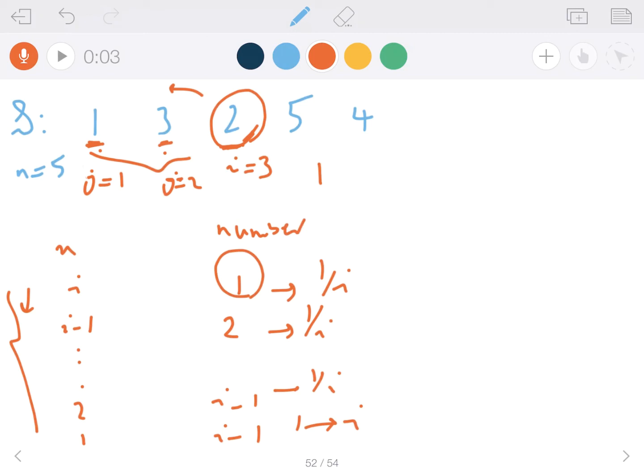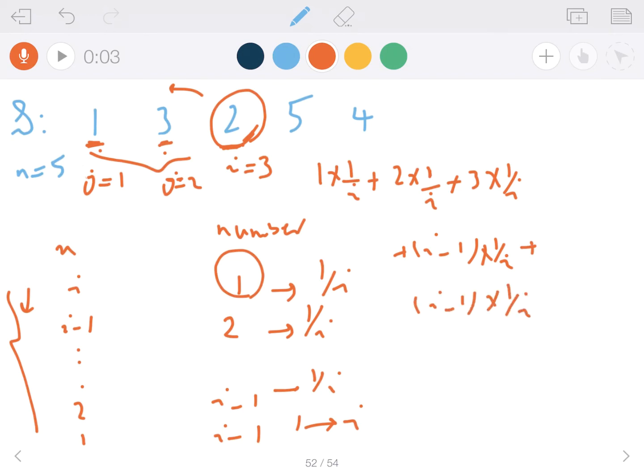So number of comparisons 1 is multiplied by 1 divided by I. Here we have 2 multiplied by 1 divided by I, plus 3 multiplied by 1 divided by I, and so on until we get to I minus 1 multiplied by 1 divided by I, plus I minus 1 multiplied by I divided by I. So that's the average for an item at location I.